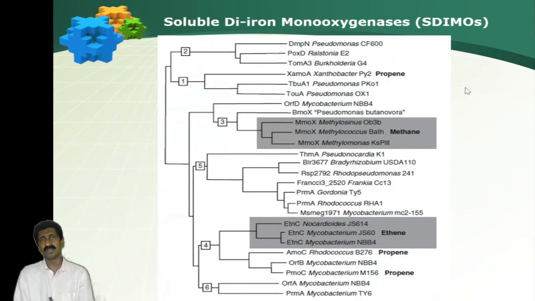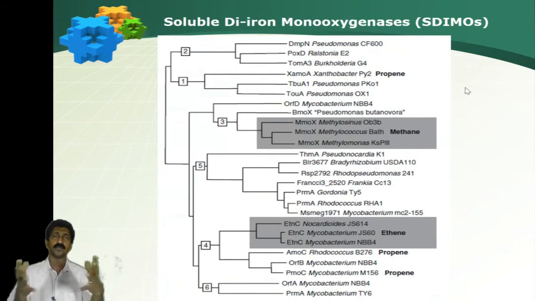So we have the soluble di-iron monooxygenases, abbreviated as SDIMOs, and different types of monooxygenases are available nowadays.